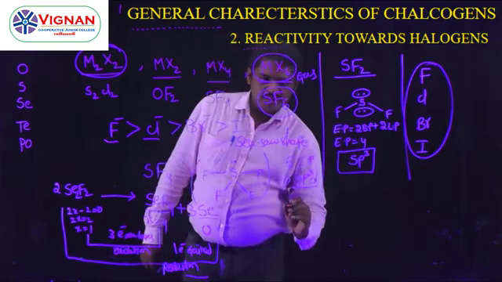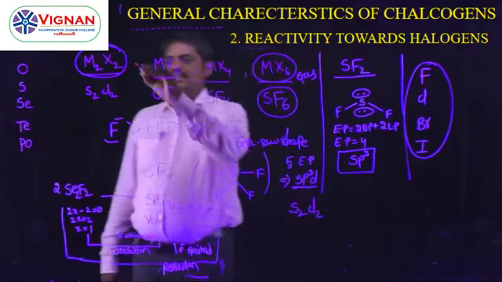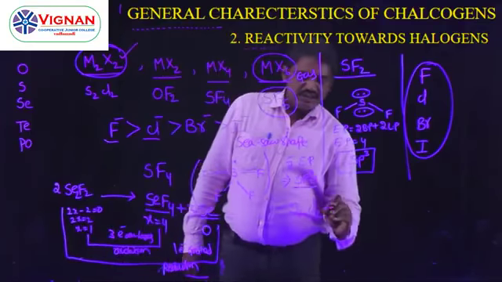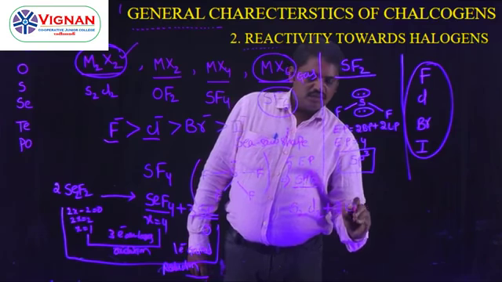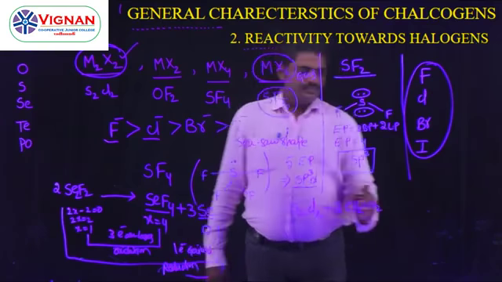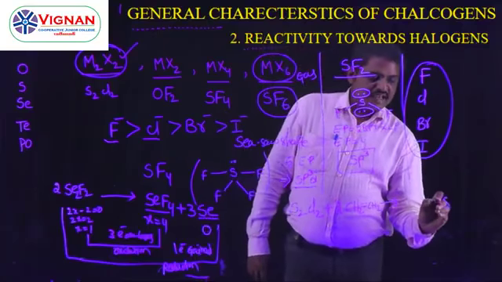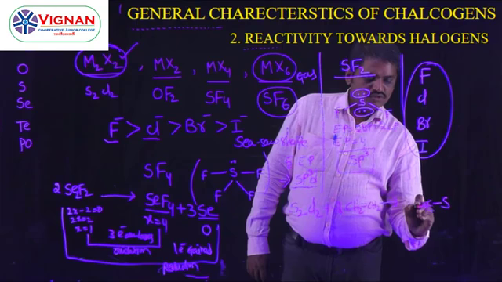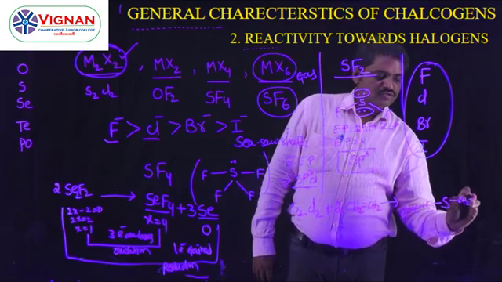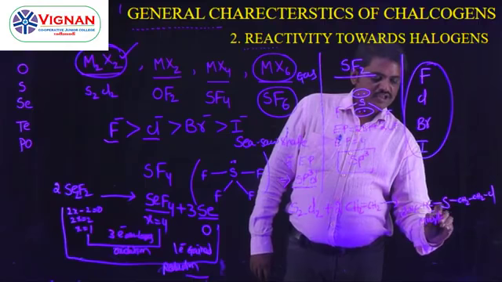For example, S2Cl2, which is also an M2X2 type of halide, reacts with ethene gas in a 1:2 ratio to produce mustard gas, CH2Cl and CH2Cl. This is known as mustard gas.